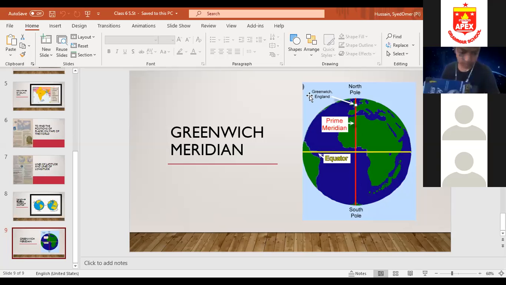This place is called Greenwich, England, and it is at 0 degree longitude. This line is called the prime meridian because it is running along 0 degree longitude.